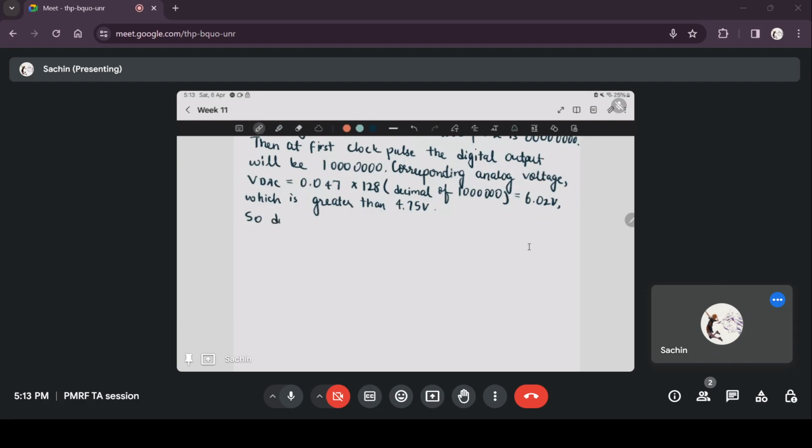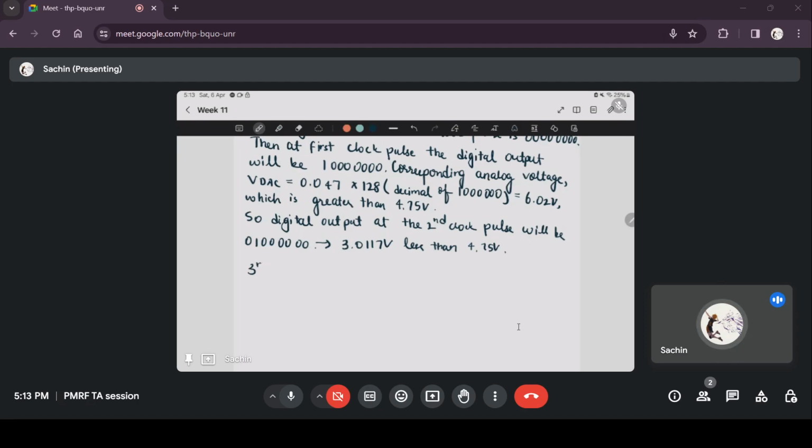So digital output at the second clock pulse will be 01000000, which will give you 3.0117 volts, which is less than 4.75 volts.